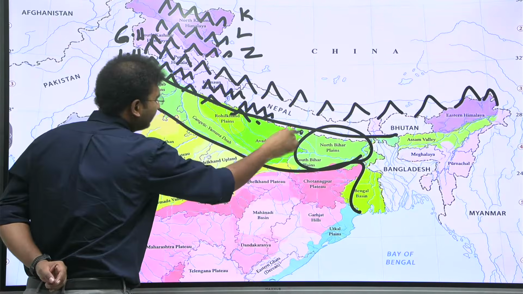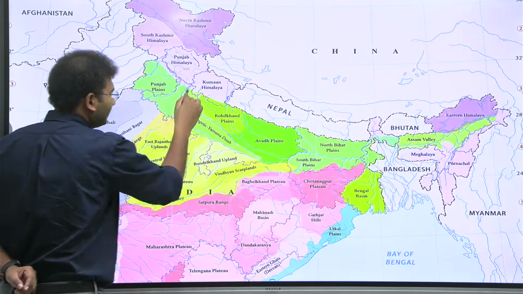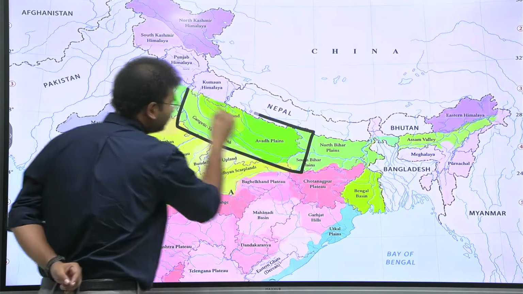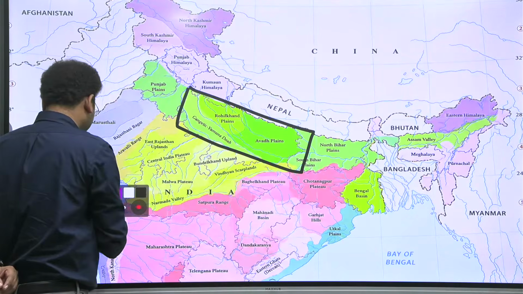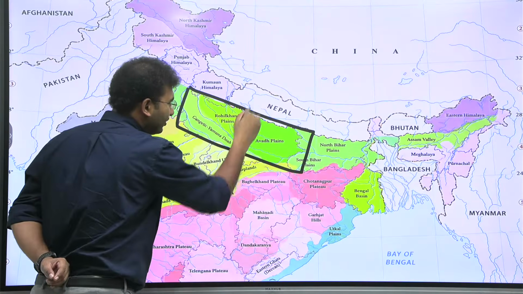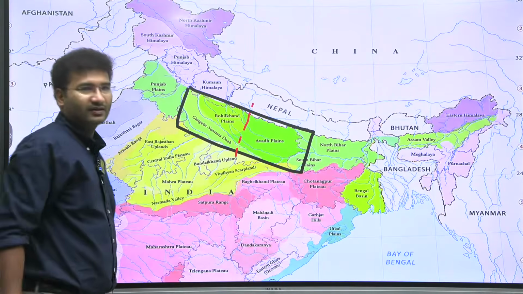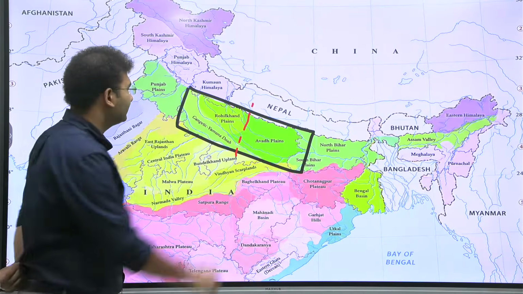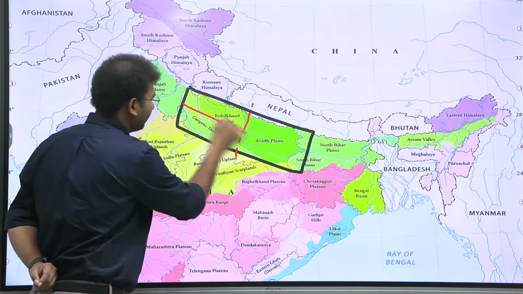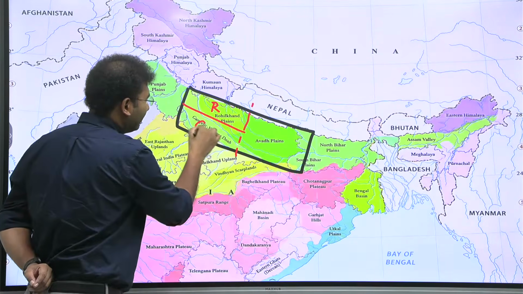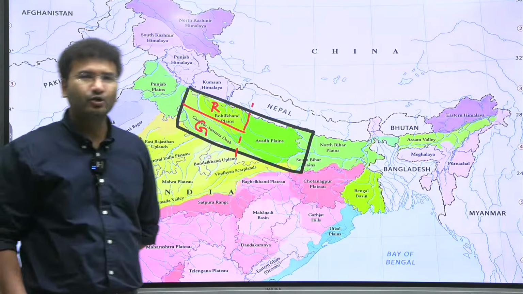Uttar Pradesh is divided into three kinds of plains. The eastern side is called Awadh, and the western side you divide into two. Topmost you will call Rohilkhand, and in the south it is the Ganga-Yamuna Doab.